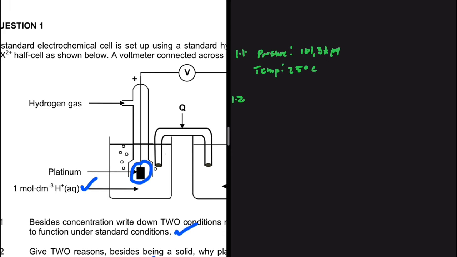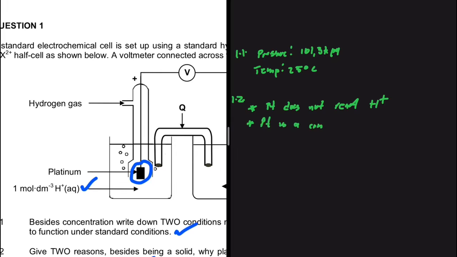Hydrogen gas, as the name says, is a gas, and we need our electrode to be a solid. But apart from platinum being a solid, what other properties does it possess? Platinum does not react with H+. So that is one of the reasons why it is being used as an electrode. Another reason is that platinum is a conductor.